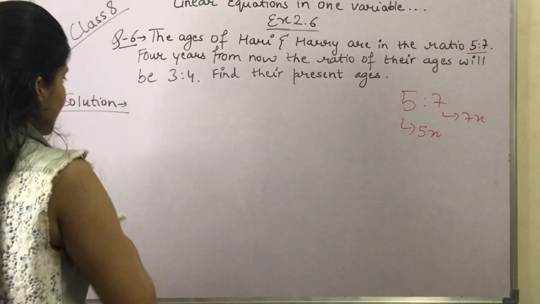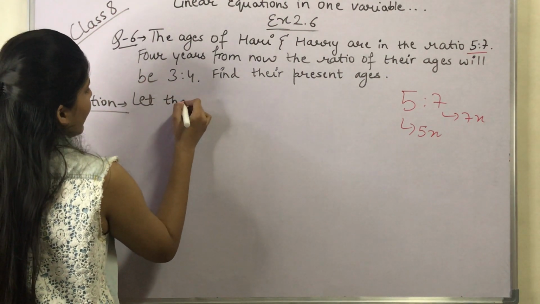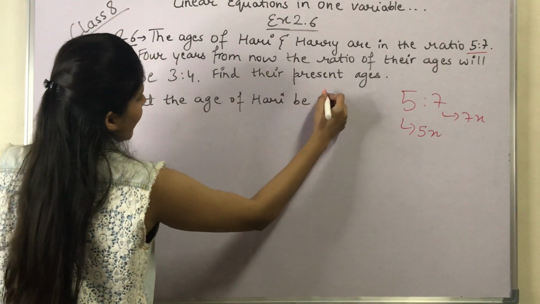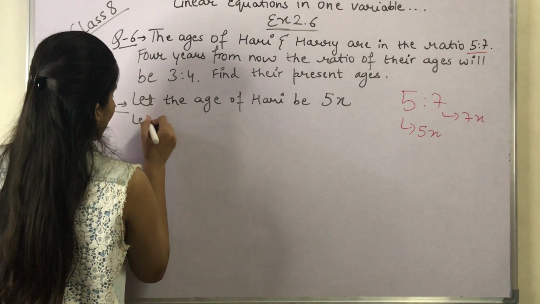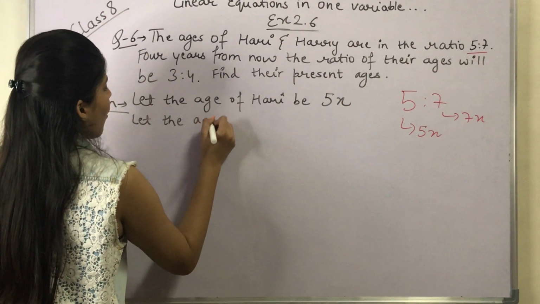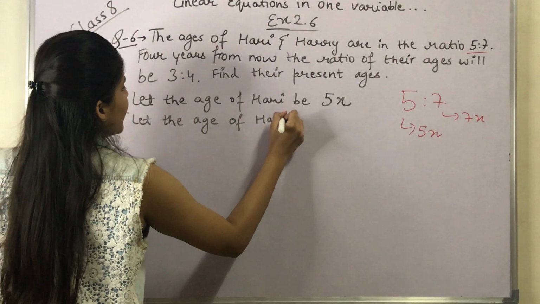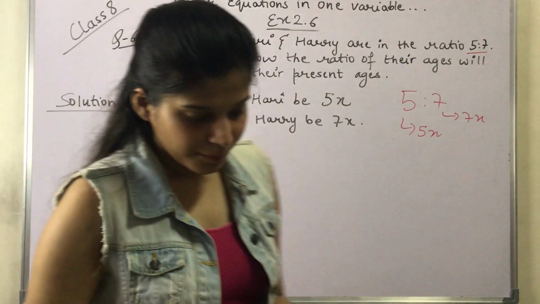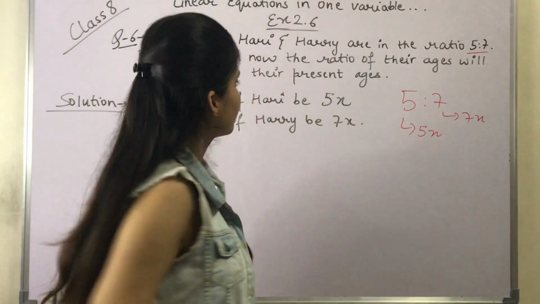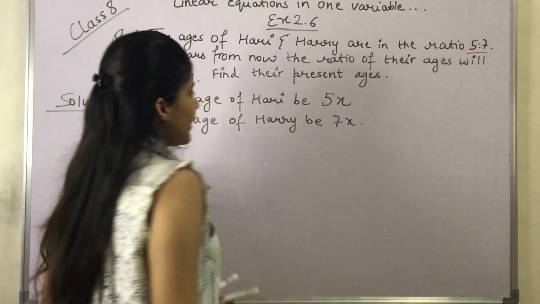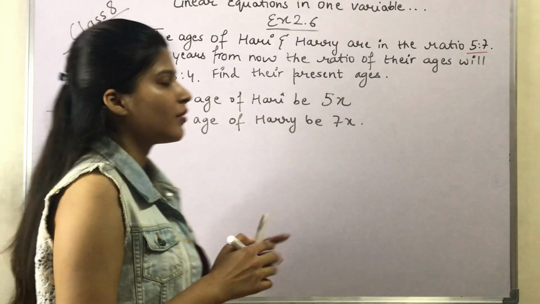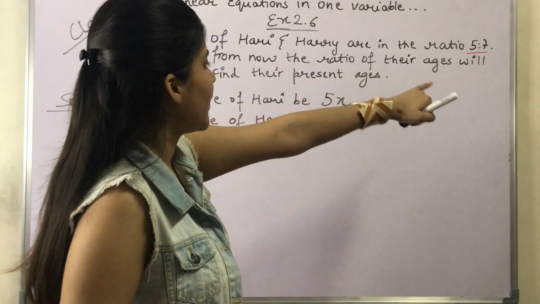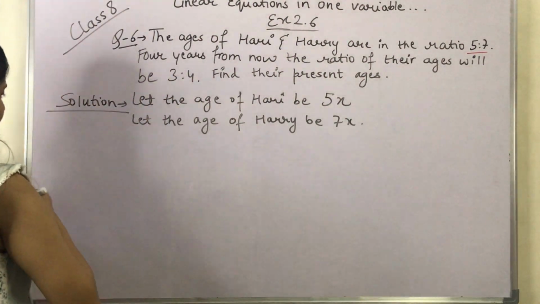So let the age of Hari be 5x and let the age of Harry be 7x. Okay, this is clear. Now the next statement is, 4 years from now the ratio of their ages will be 3:4.